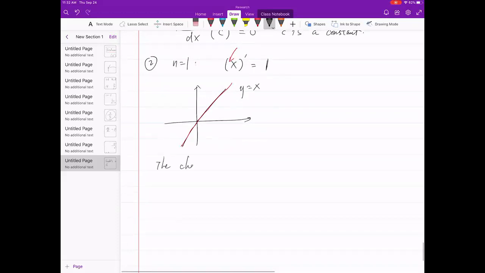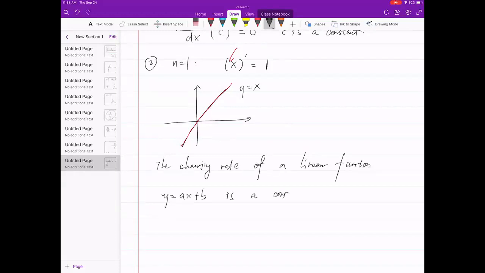The changing rate of a linear function y equals ax plus b is a constant. And the constant is exactly the same as the slope. Which kind of makes sense, right? The changing rate of a line is, of course, a constant.